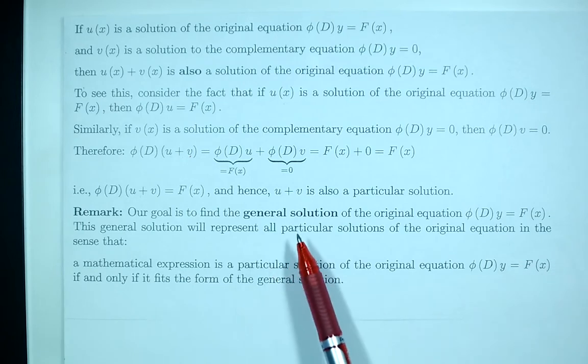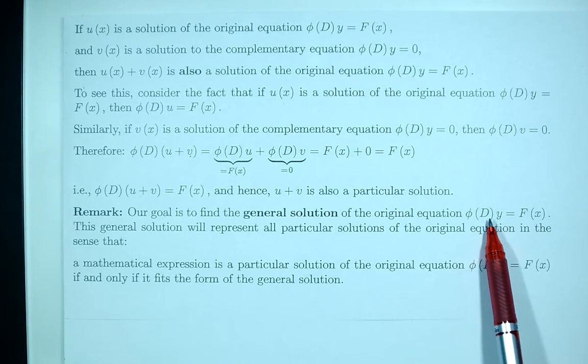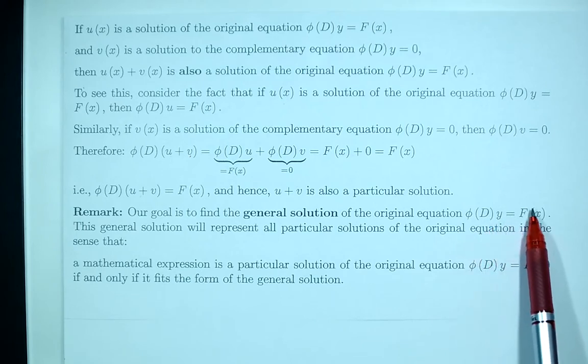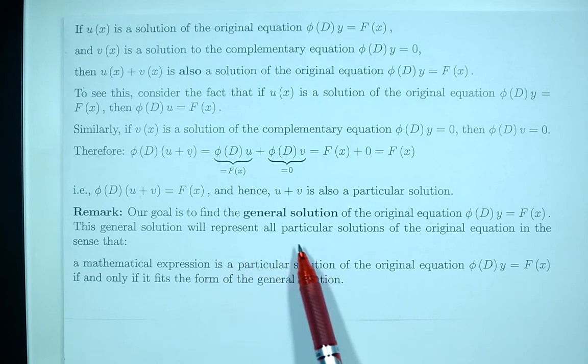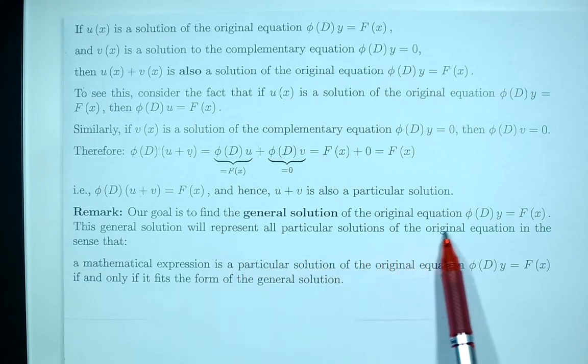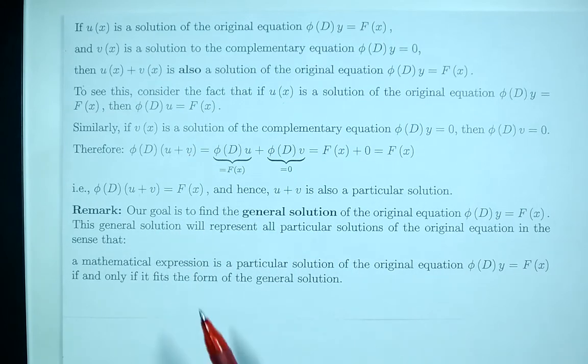Our goal is to find the general solution of the original equation, phi of D y equals f of x. This general solution will represent all particular solutions of the original equation, in the sense that a mathematical expression that is a particular solution of this original equation.